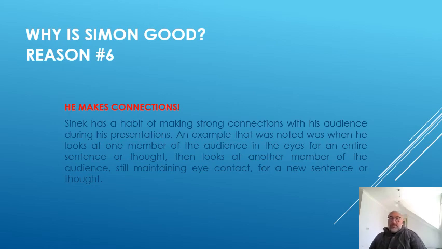And reason number 6 is he makes connections. I quote, Sinek has a habit of making strong connections with his audience during his presentations. An example that was noted was when he looks at one member of the audience in the eyes for an entire sentence or thought, then looks at another member of the audience, still maintaining eye contact for a new sentence or thought.